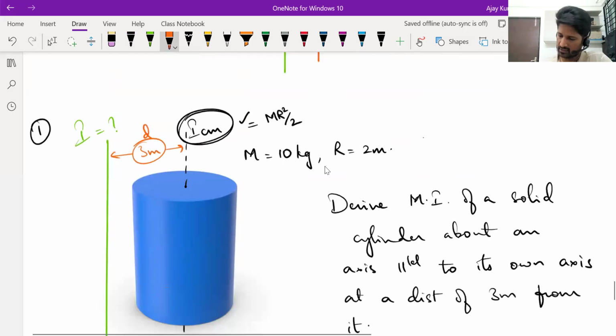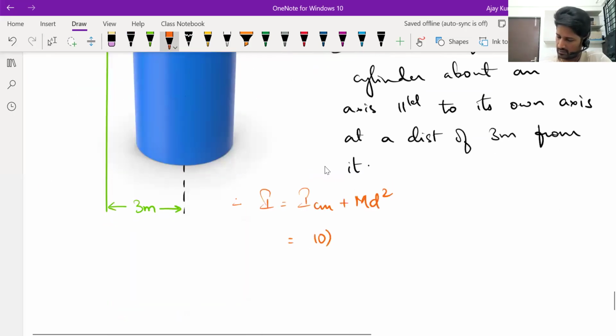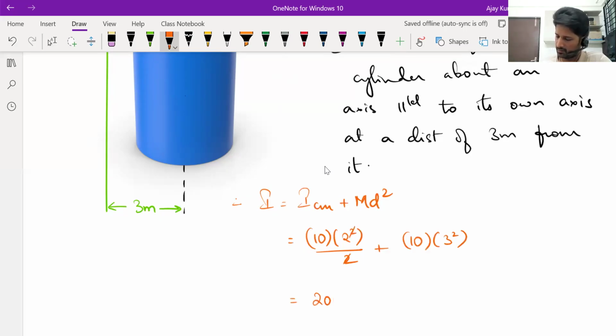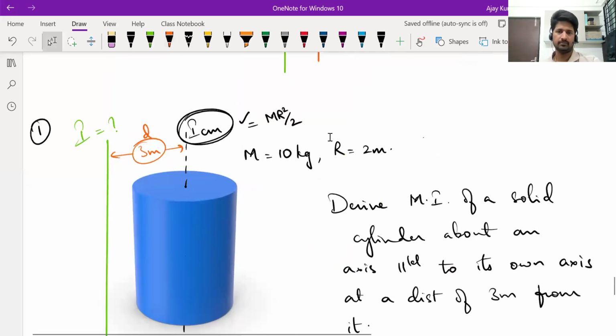Mass is given as how much? 10 kg. Radius is 2 meters. So 10 into 2 squared by 2 plus mass into square of the distance between the axes, 10 into 3 squared. 2 and 2 cancel, 10 into 2 is 20, plus 9 into 10 is 90. The answer is 110 kg meter squared. It's a direct application of parallel axis theorem.